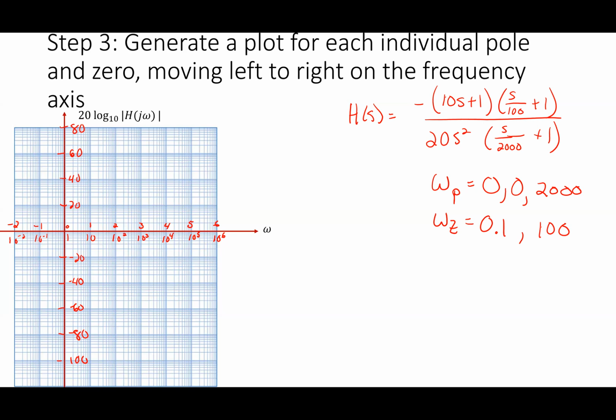Where does it start to go up? 10 to the -1. So that would be at -1. This guy's going to be flat, and he's going to rise up like this. Okay, like that.